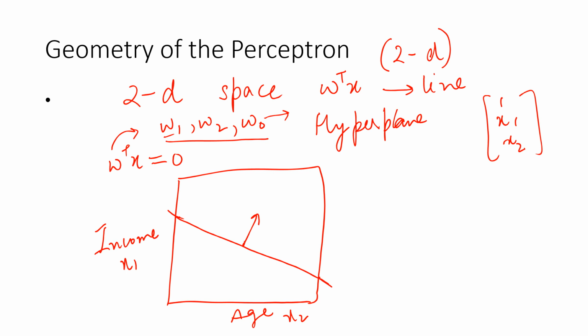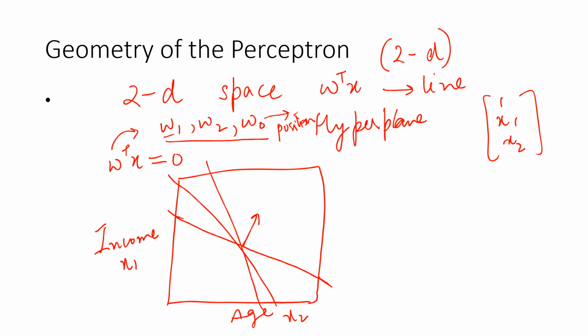So basically the position. w0 decides the position, and w1 and w2 essentially decide the orientation, whether it should be oriented like this or like this or like this. So the slope, basically, w1 and w2 are going to decide that. So this is how the picture in a 2D space looks.